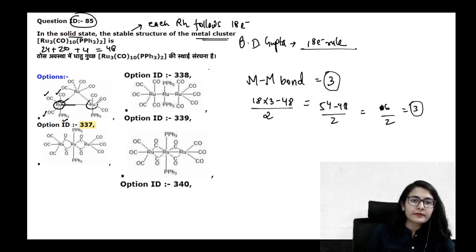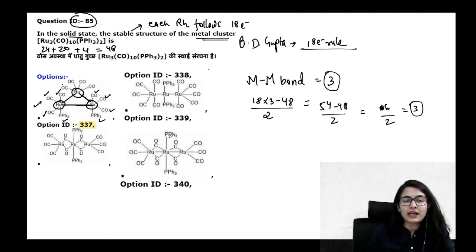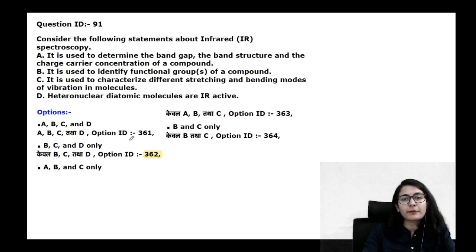Once again, for this ruthenium, 8 plus 2 from the metal-metal bond is 10, and once again you are having 4 carbonyls, so it is going to be 18. So this complex has 18 electrons per each ruthenium, so it's the stable compound.